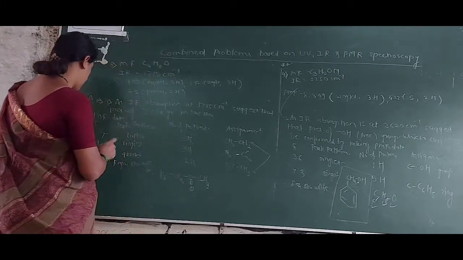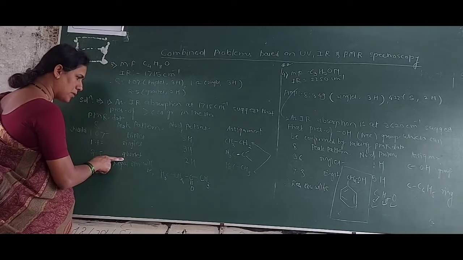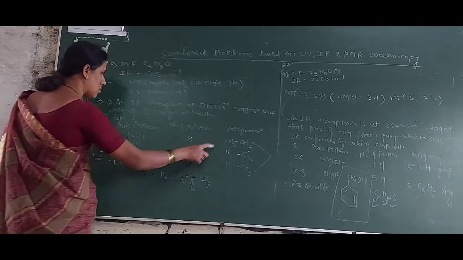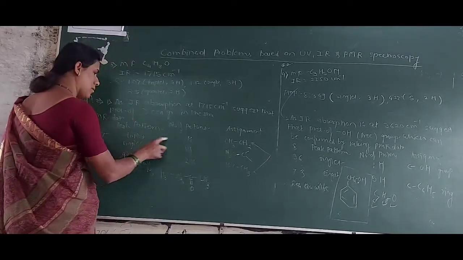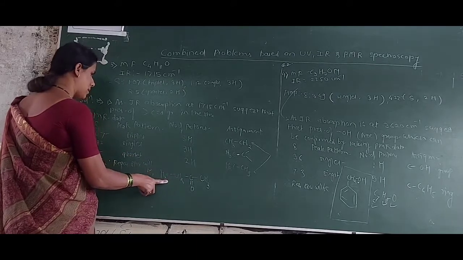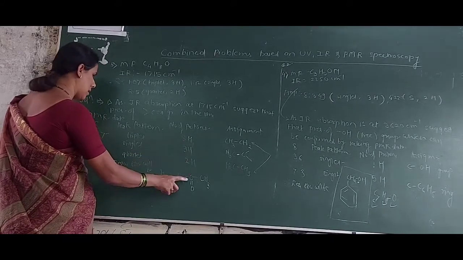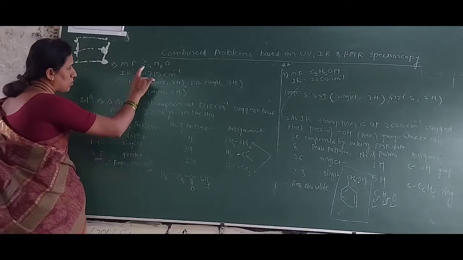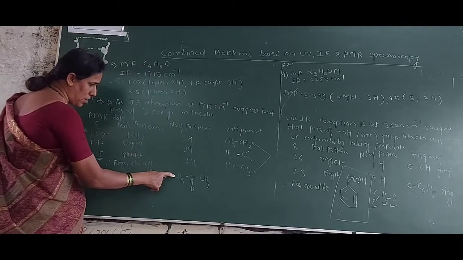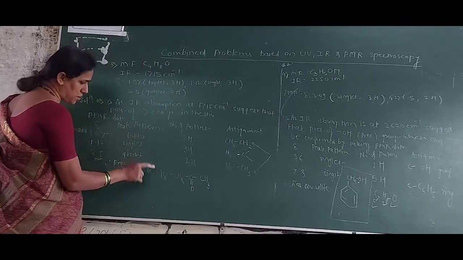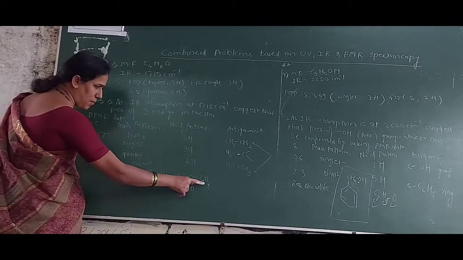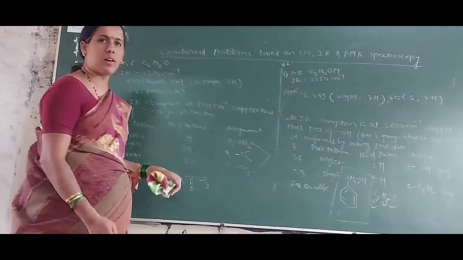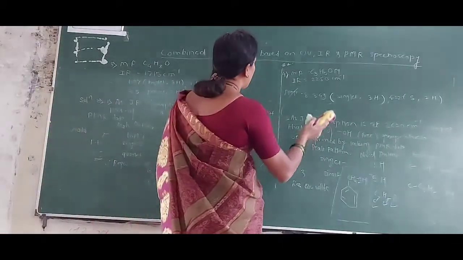When we consider these 2 hydrogen atoms, CH2, CH3, and the oxygen here with CO, correct. The number of carbons is C4: 1, 2, 3 and 4. Hydrogen atoms are 8: 3 plus 2, 5, 5 plus 3, 8. Therefore, this is correct. In this way, you can check your structure by using the data.